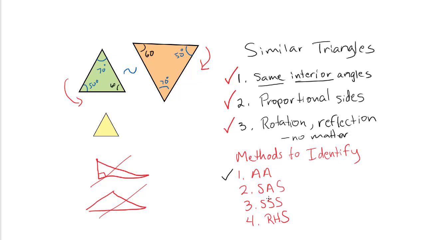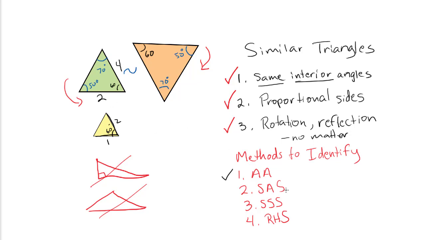Number two, side angle side. What exactly would that be? Well, okay, that means maybe I have a side length of 1 and a side length of 2 here. And who knows, maybe it's a 60 degrees in between. Okay. Over on this triangle, maybe I have a side length of 4 and a side length of 2.